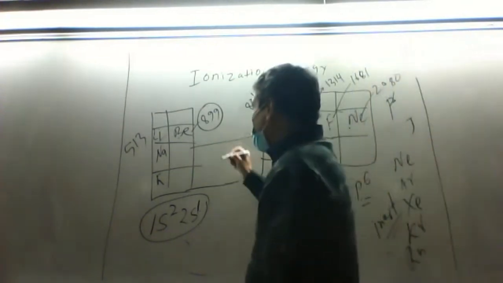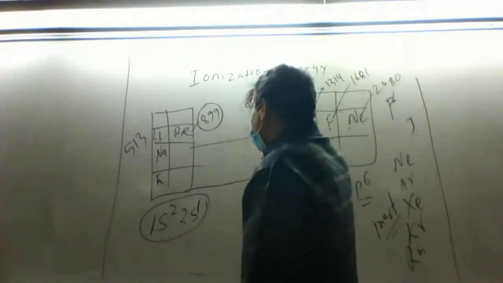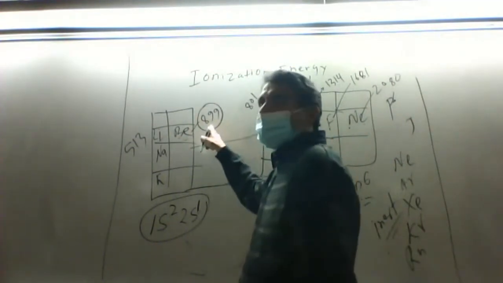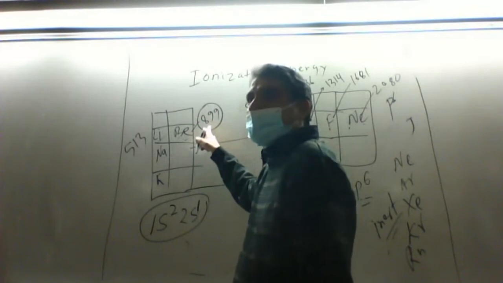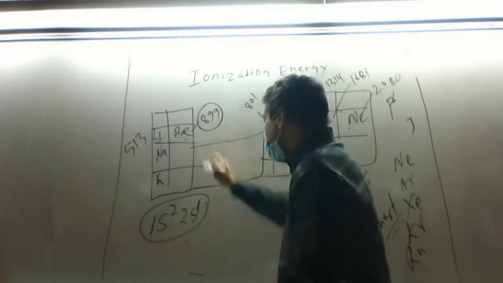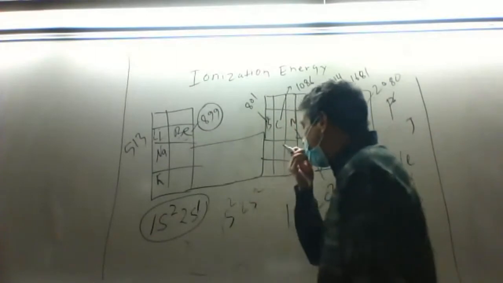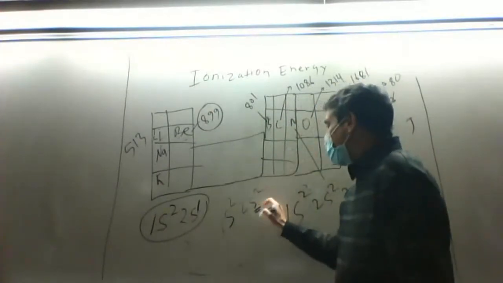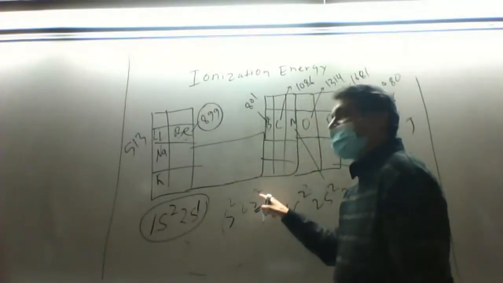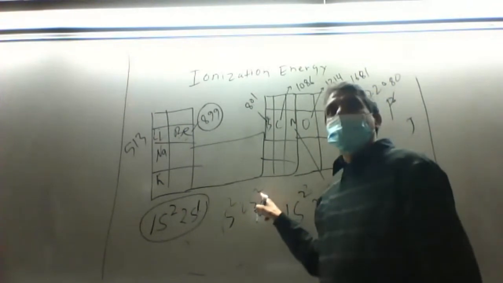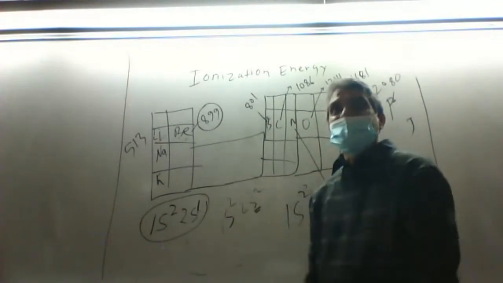So I might give a question like why beryllium has too much ionization energy and it is not like the expected one. You would say, okay, in beryllium, the electronic configuration is 1s2, 2s2. So I need to remove the electron from the s orbital, and the outermost s orbital is already fully filled. So it takes too much energy to remove that electron.